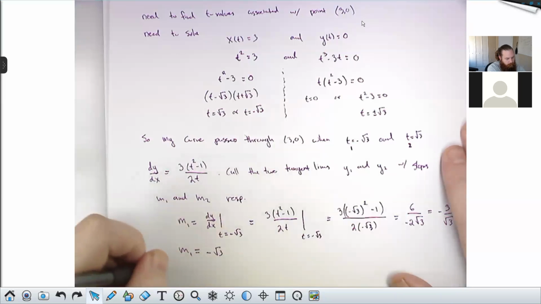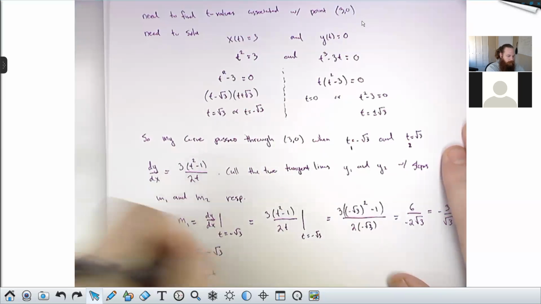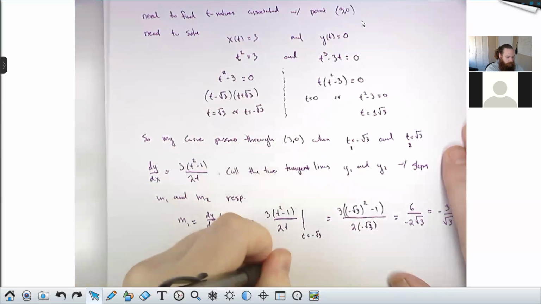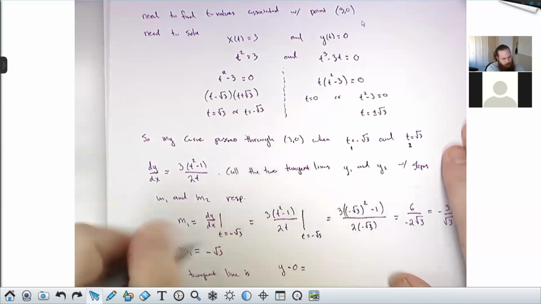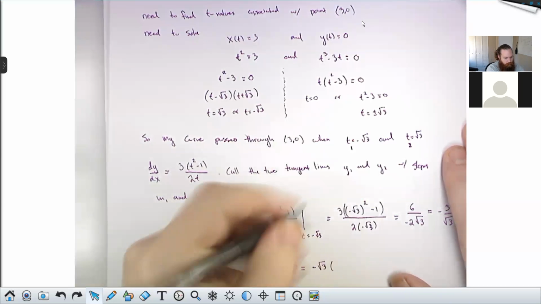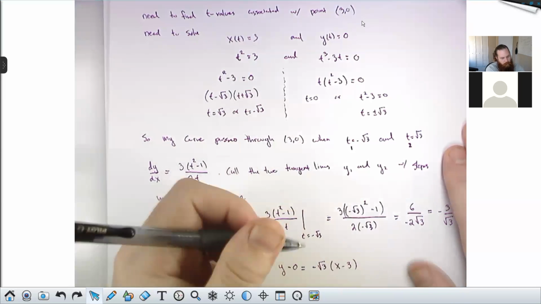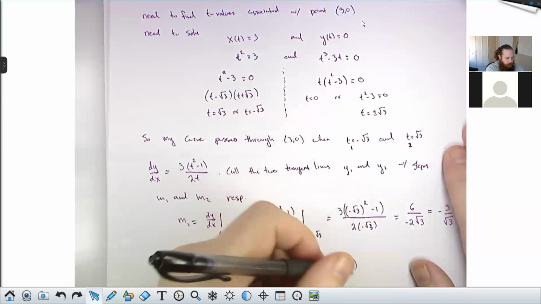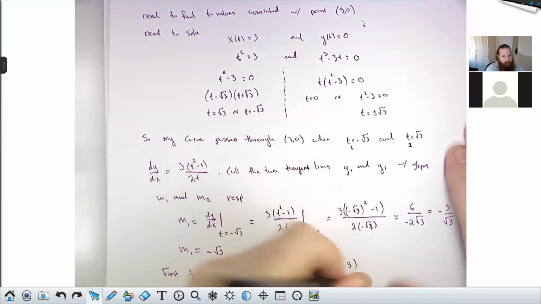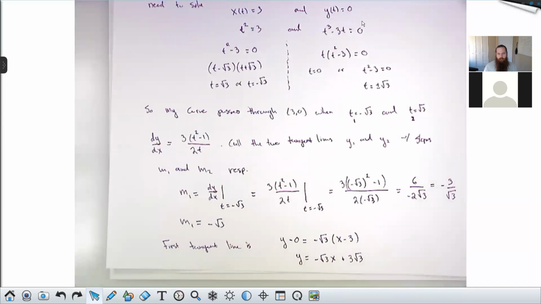So the first tangent line is y minus 0 equals negative square root of 3 times (x minus 3), or just y equals negative root 3 x plus 3 root 3. All right, this is the one I was calling y1. This is my first tangent line.